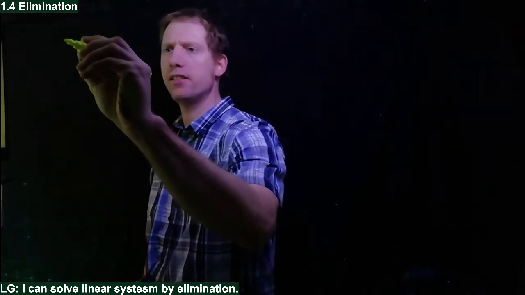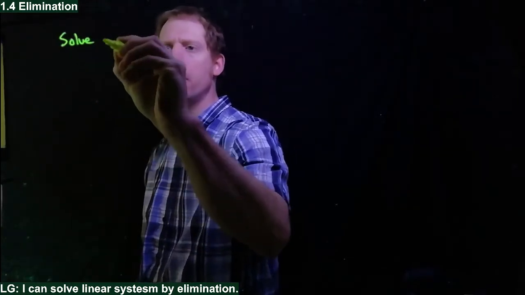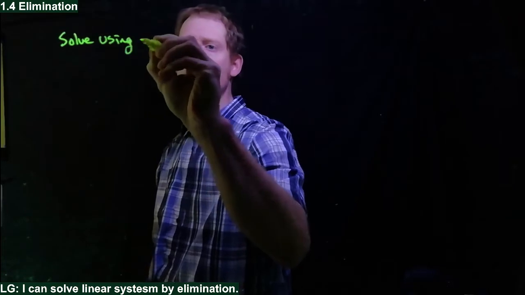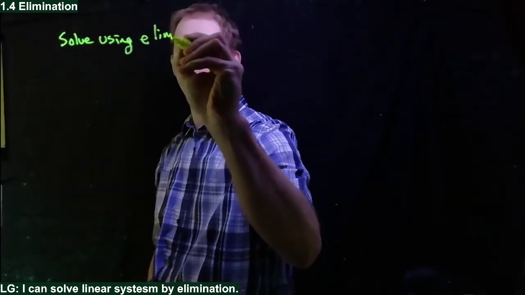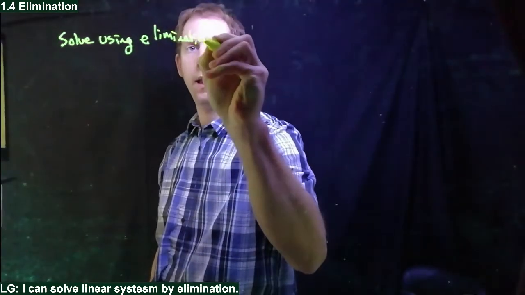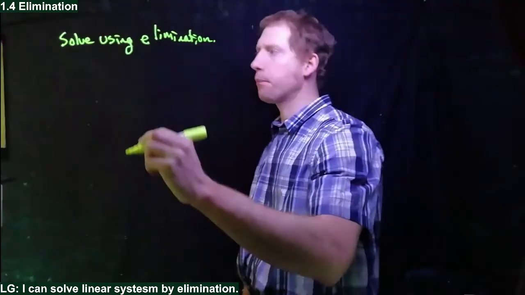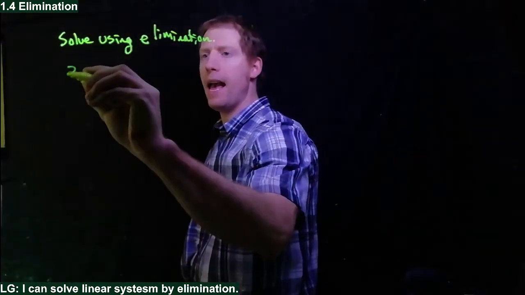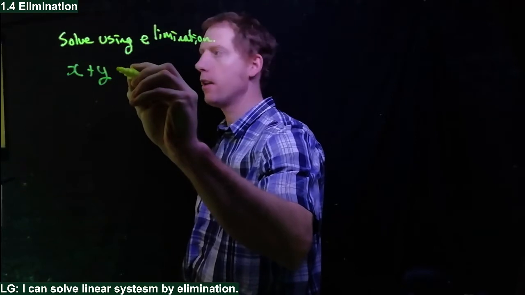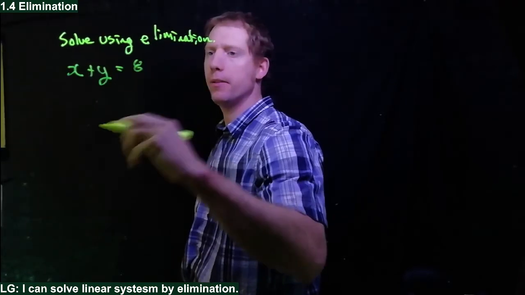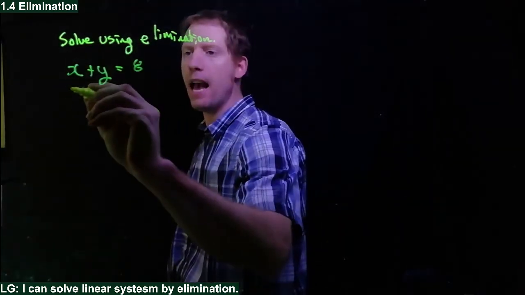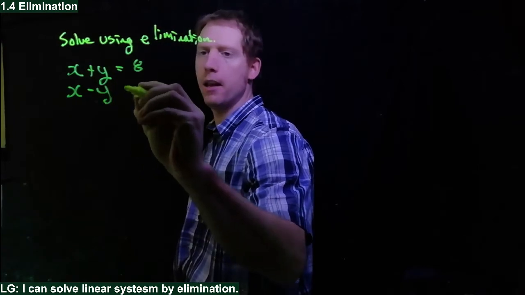What we can do is solve using elimination. Okay, so we have x plus y is equal to 8, and then we have x minus y is equal to 2.